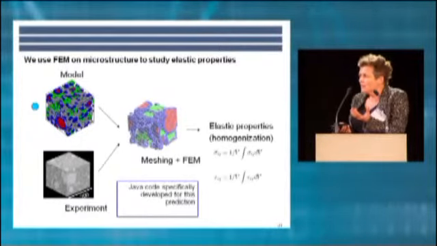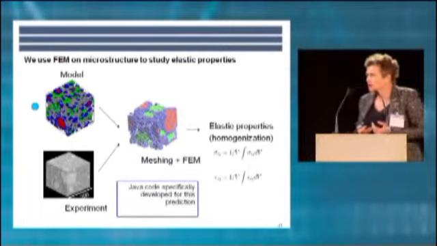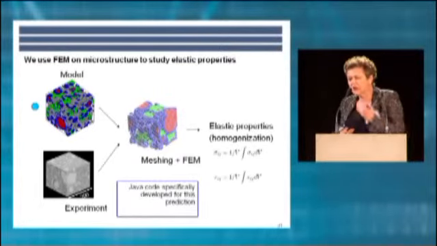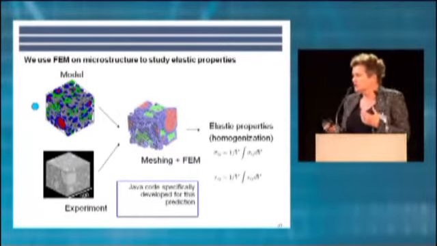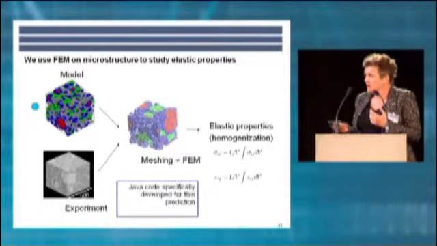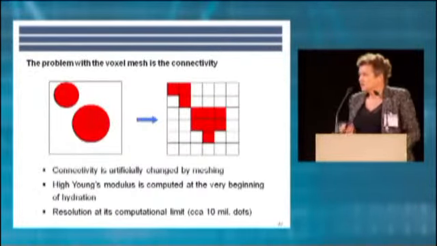This is finite element modeling, which of course is now generally used on a structural scale. The challenge becomes, can we use this on a microstructural scale, where instead of having nice symmetric structures, we've got really very complicated microstructures to mesh? So this is a challenge.